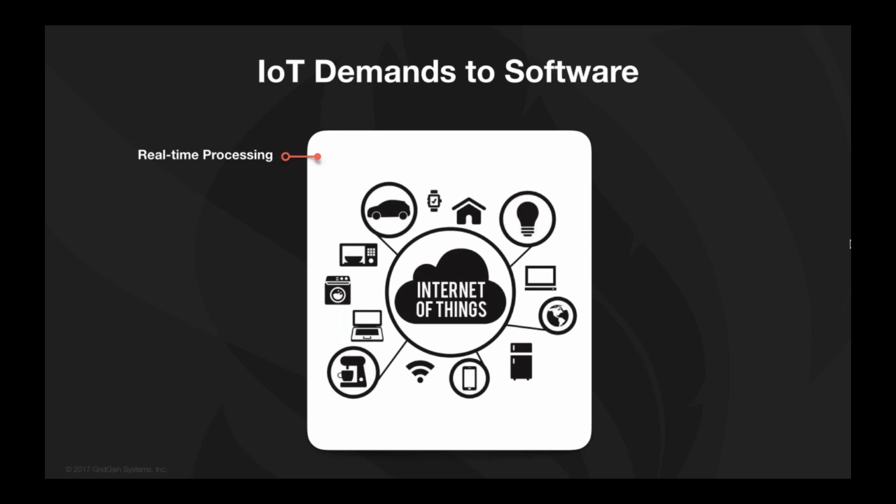It's crucial for that system and for all the sensors to be able to transmit and process this information in real time. Otherwise, something bad can happen. For instance, if a self-driving car cannot process some event in a couple of nanoseconds or milliseconds, then you can get in a car accident, which we want to avoid for sure. The next demand is about APIs.